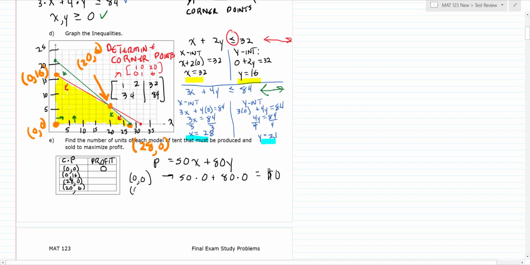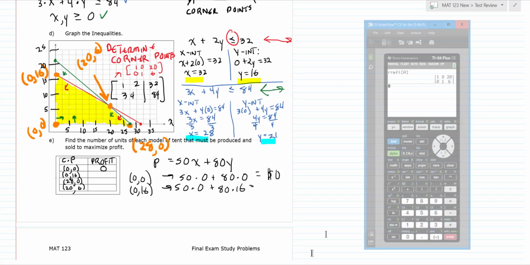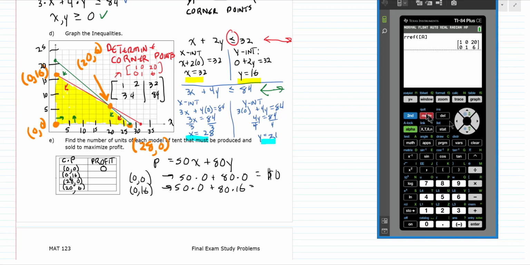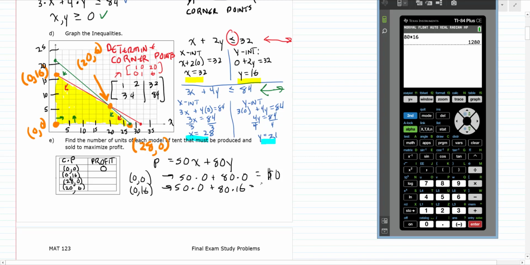0, 16, test that. You would have 50 times 0 plus 80 times 16. So you want to do that on your calculator. Okay, so we do that. That's just going to be 80 times 16. And that will be $1,280.